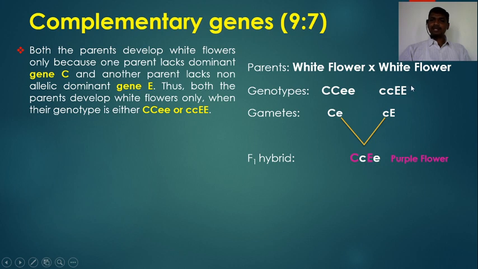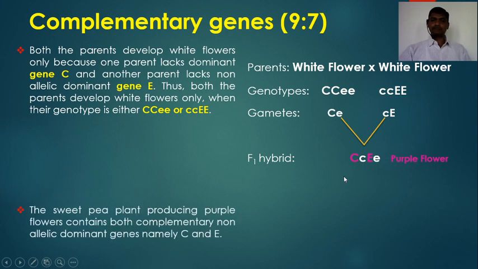Similar is the case in this parent also, only one dominant allele for gene E is present, while the recessive allele for the C gene is present. So due to the presence of only one dominant allele, the plant produces white flowers. But in case of the F1 hybrid, the dominant alleles for both genes are present, due to which the F1 hybrid has purple flowers.